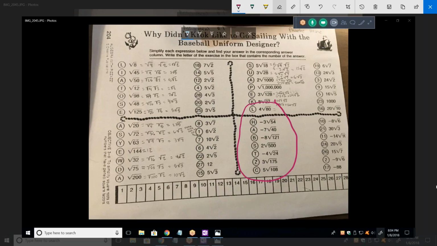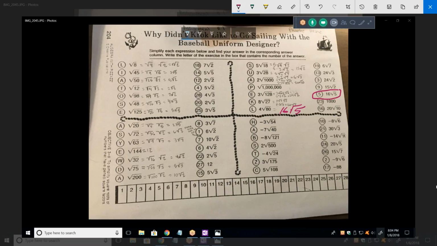Got it. Okay, so let's look at this H. In other words, we figured out that that was 16 root 5, which matches up with that answer right there.